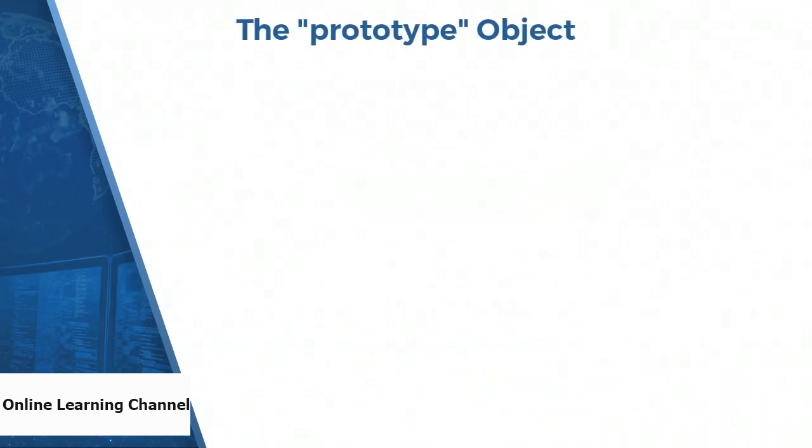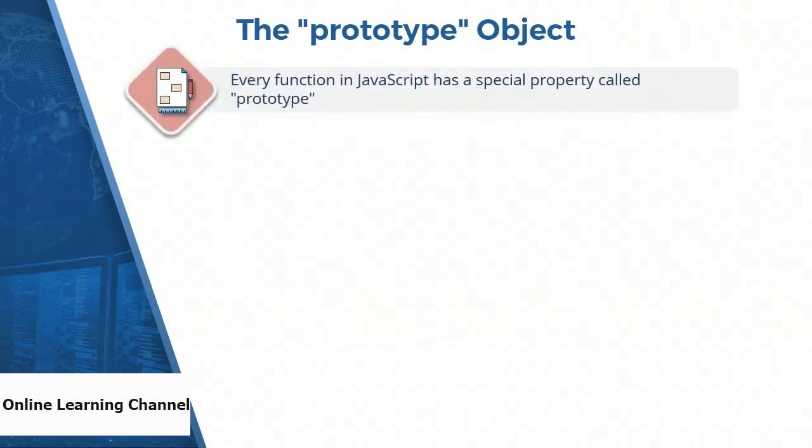So, what is this prototype object that we reference so often in JavaScript? Every function in JavaScript has a special property called the prototype property. In fact, every object in JavaScript has this property, and functions in JavaScript are just objects. Generally, when we refer to the prototype object, what we are referring to is the prototype property of a function.